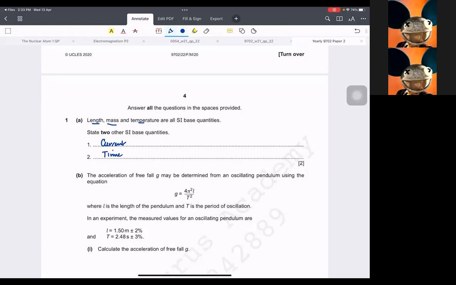You could write amount of substance, or you could have written light intensity. So any of these quantities would do, right?